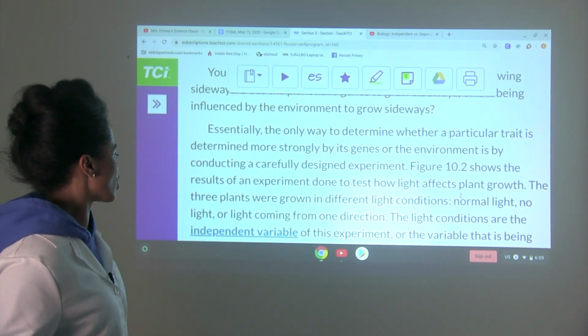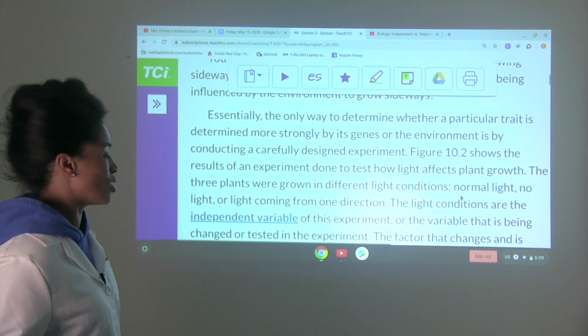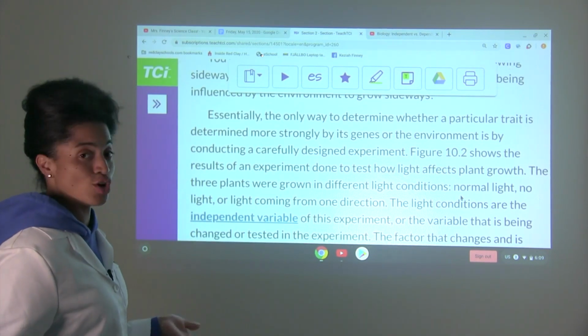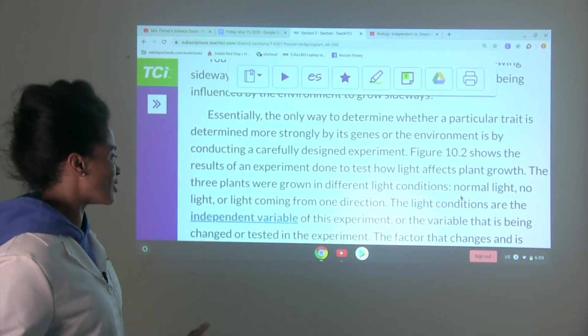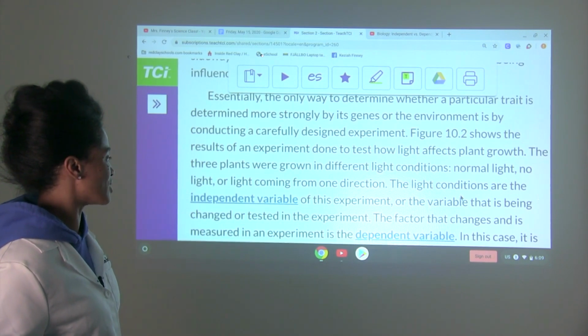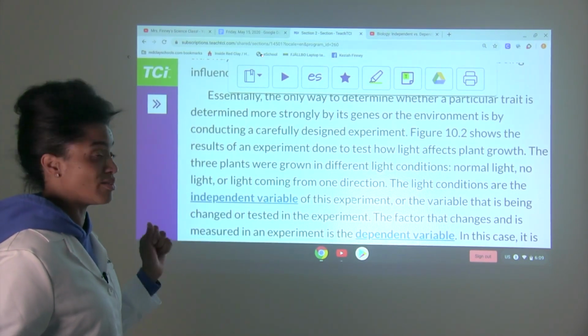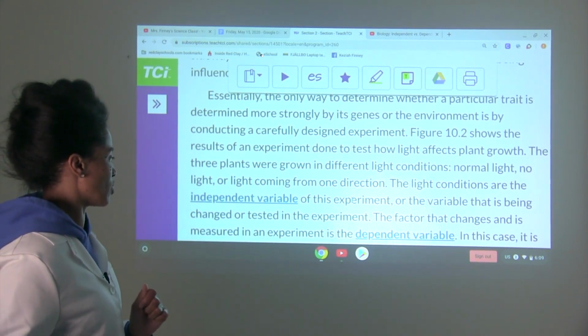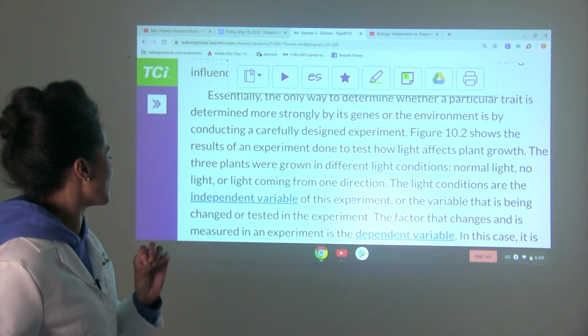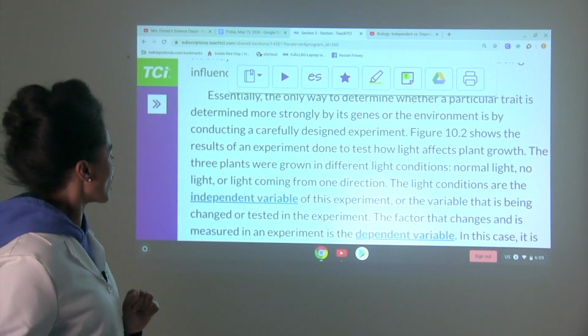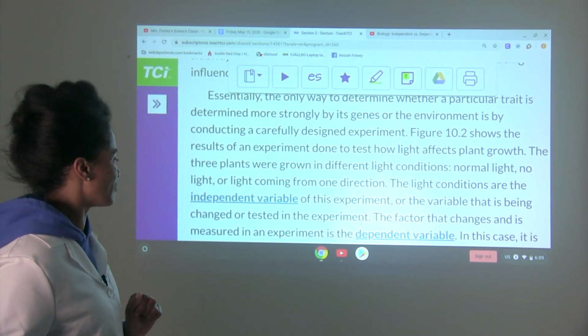Figure 10.2 shows the results of an experiment done to test how light affects plant growth. The 3 plants were grown in different light conditions: normal light, no light, or light coming from one direction. The light conditions are the independent variable of this experiment, or the variable that is being changed or tested in the experiment.